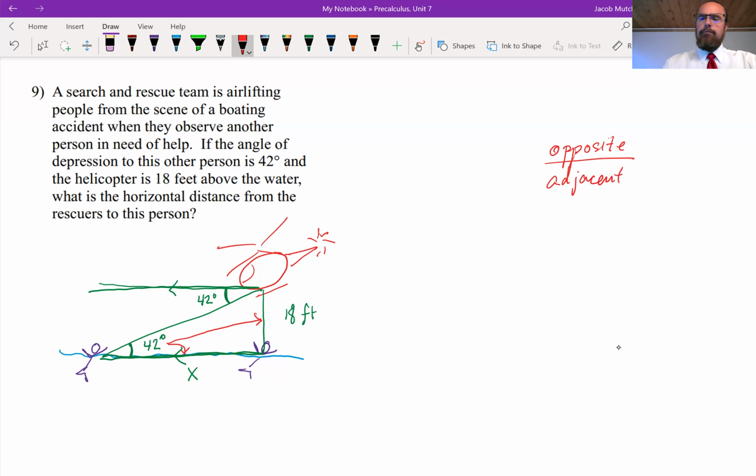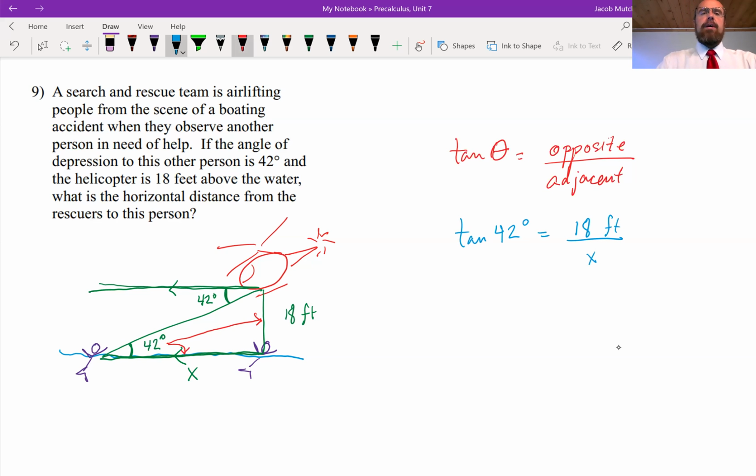The ratio that's opposite over adjacent is tangent. So I've selected the ratio. Now I need to fill in the information I know. Tangent of 42 degrees is going to equal 18 feet divided by X.